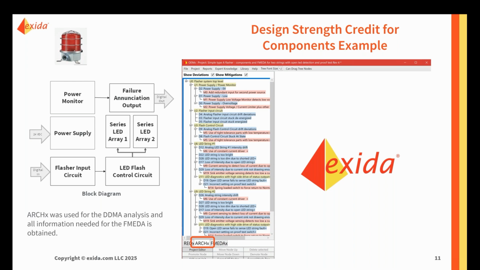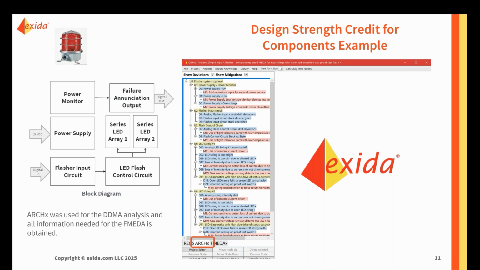Now I'm going to do some demos for you, but I wanted to show you that we are working with a project that is a final element in a safety function. It's a visual annunciator that is supposed to flash at a certain rate with a certain intensity whenever a dangerous condition exists. We are doing an FMEDA for this product using the architecture on the left-hand side of your screen.